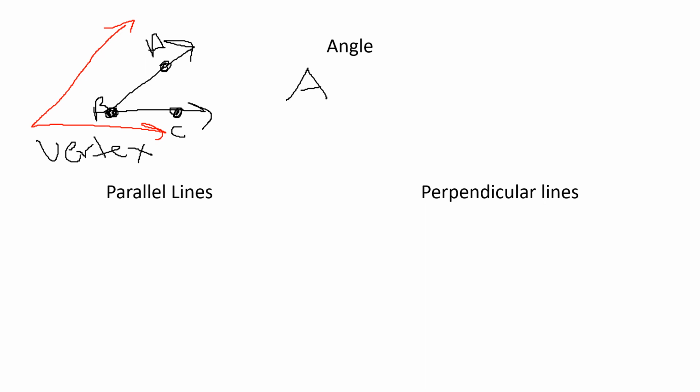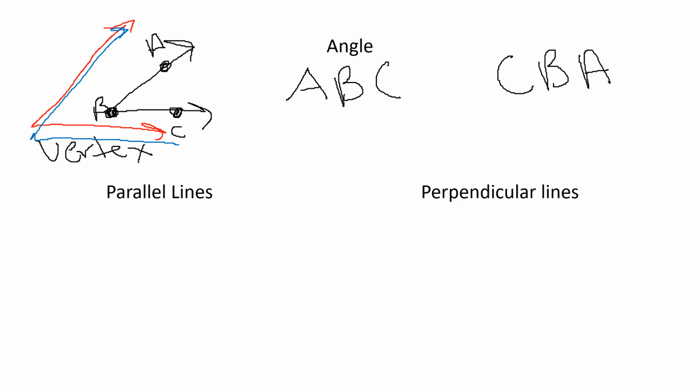I could go out, in, out as well. So I'm going to name this A, B, C, or C, B, A. All that really matters is that your vertex is in the middle. And to denote that this is an angle, I'm just going to put an angle symbol in front of it. So that angle is either one of these names: angle ABC, angle CBA, as long as the vertex is in the middle.